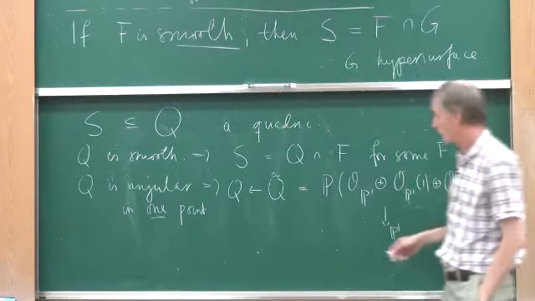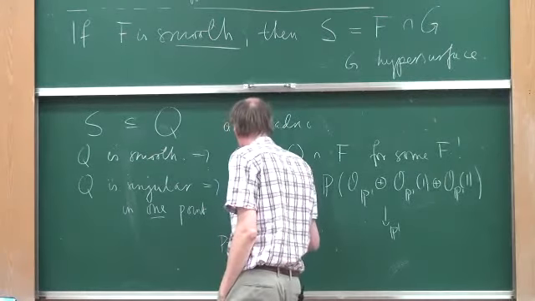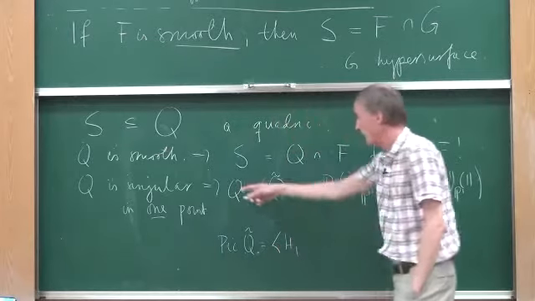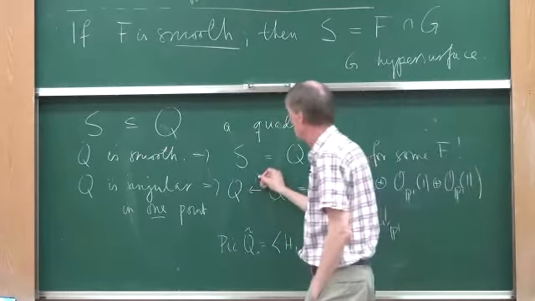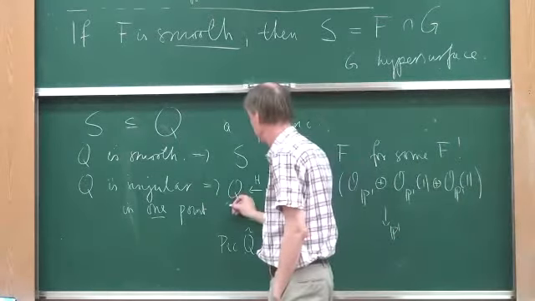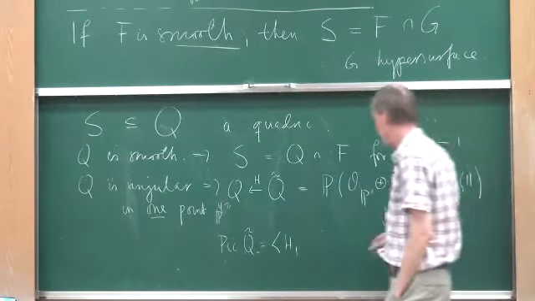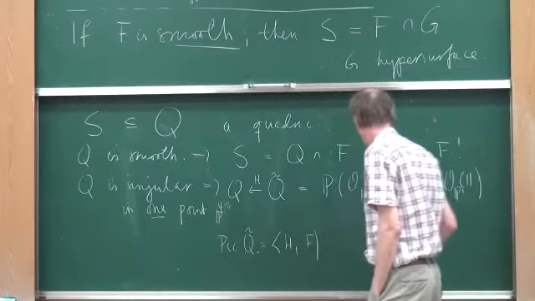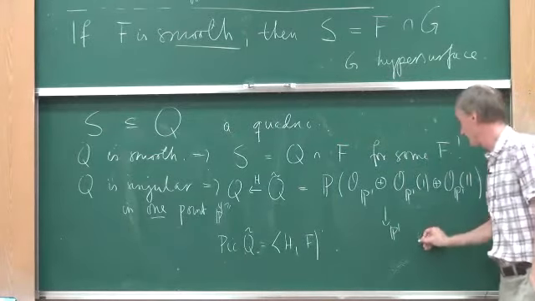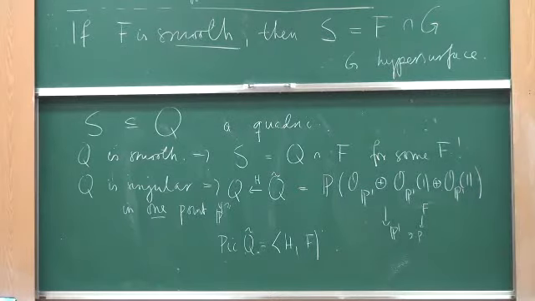And then the Picard group of Q tilde is generated by two elements: the hyperplane divisor coming from Q, or from P4, and an F, which is the fiber of this map. If I have a point here, there's a fiber over this one, like that.